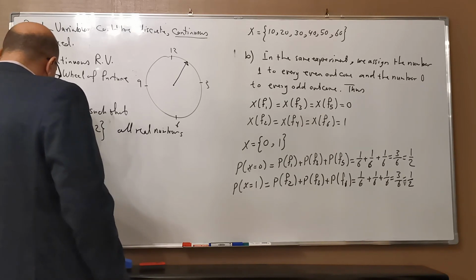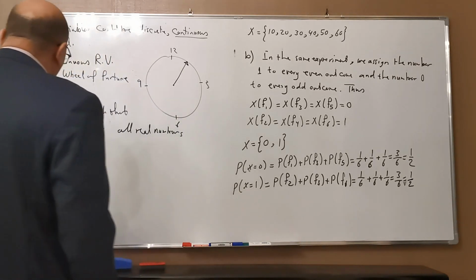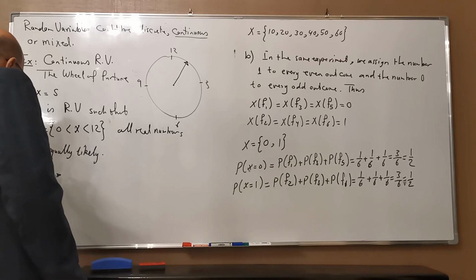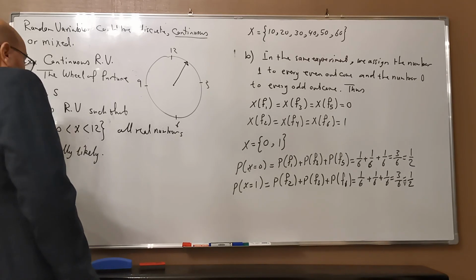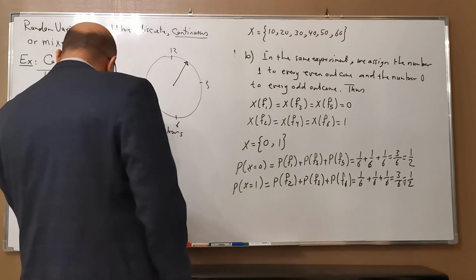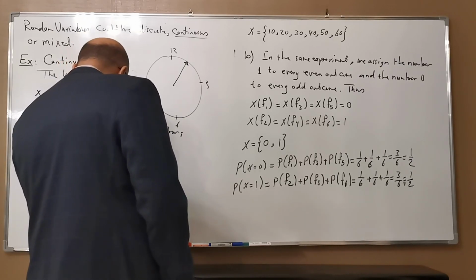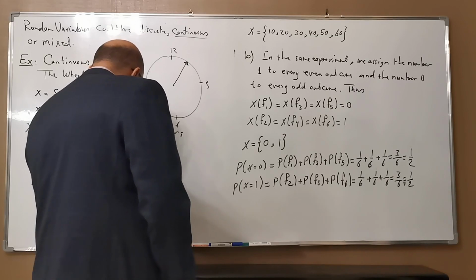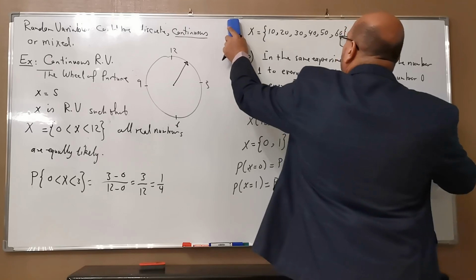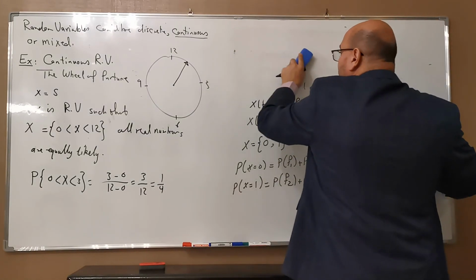Okay, so if we ask what is the probability that x is between 0 and less than 3, we can say it is (3 minus 0) divided by (12 minus 0), which equals 3 over 12, and this equals 1/4. So here we have a continuous random variable between 0 and 12.